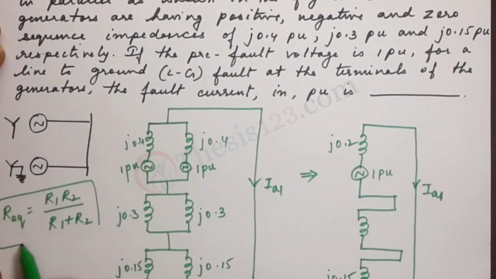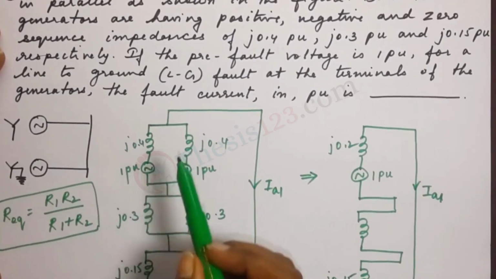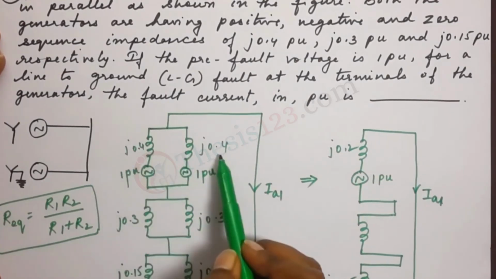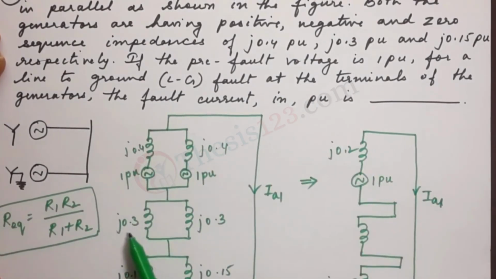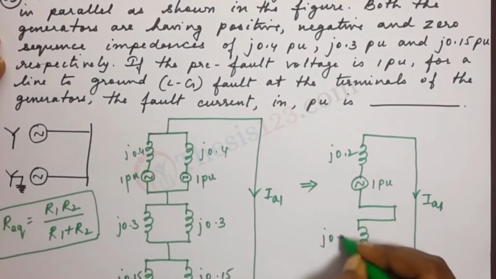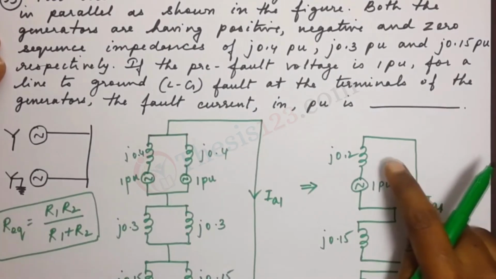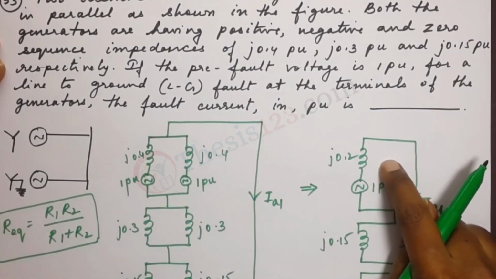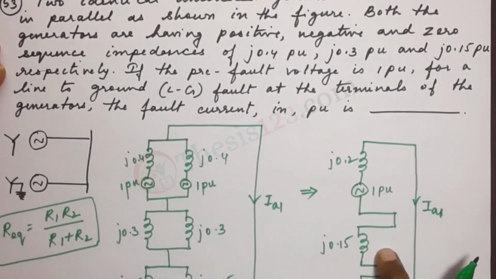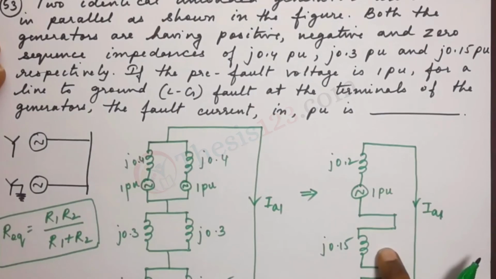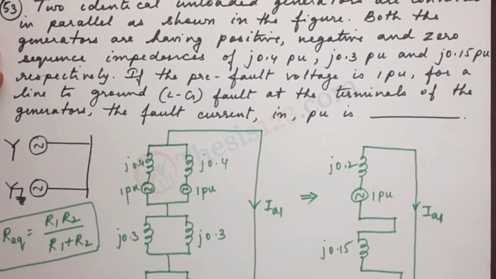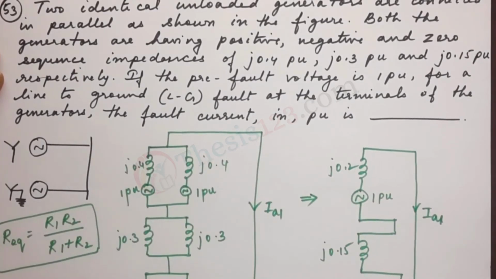So we can use this in order to calculate the impedances that are connected in parallel here. So 0.4 and 0.4 will give us 0.2, and 0.3 and 0.3 in parallel will give us a value of j0.15. So we have j0.2 as the equivalent positive impedance, j0.15 as the equivalent negative impedance, and j0.15 as the zero sequence impedance. That's because the fault has occurred and it shall remain the same.